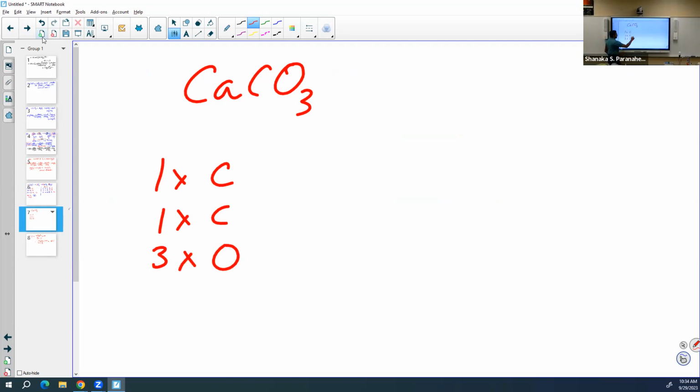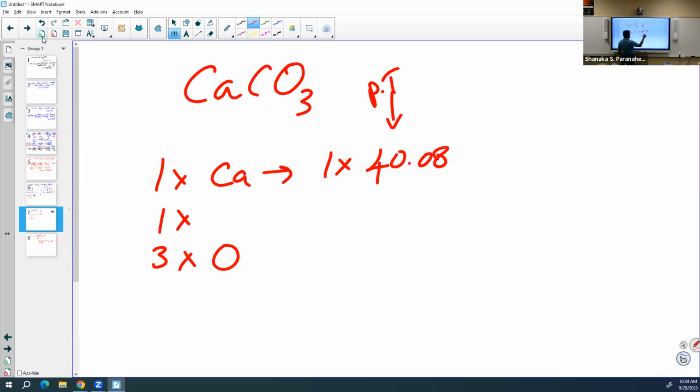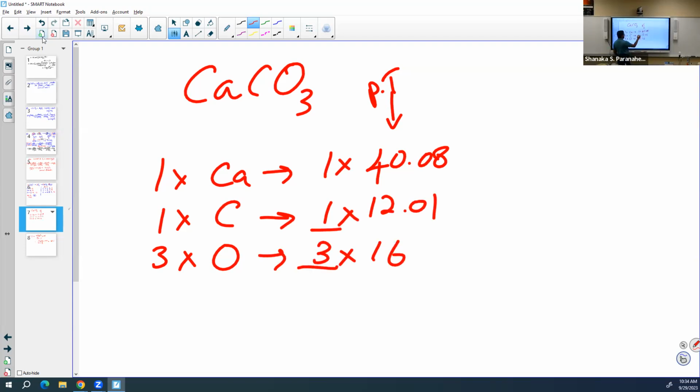So 1 times calcium, which is 40.48, I guess, from the periodic table. Carbon, 1 times 12.41, and 3 times 16. Don't forget this, okay? That's the subscript for each atom. You can add all these numbers, and I think the answer is 100.9.